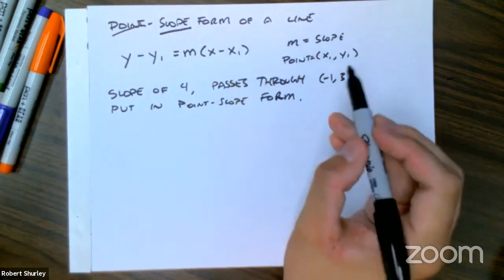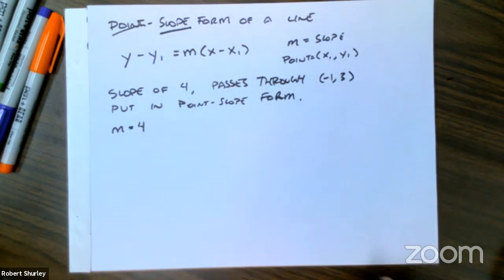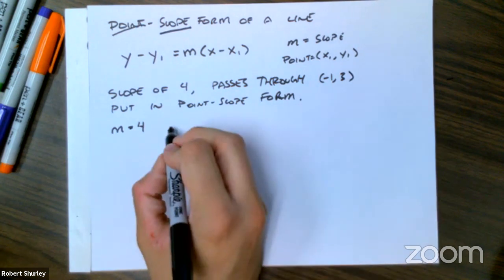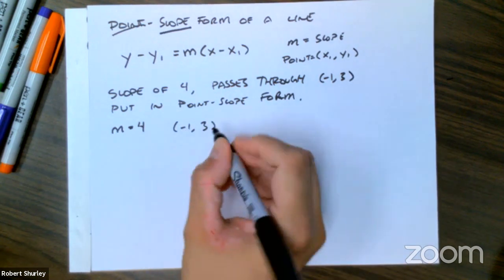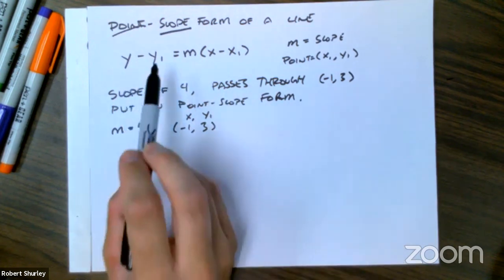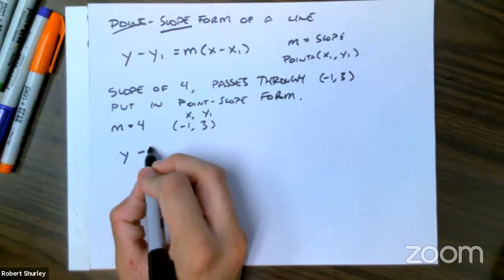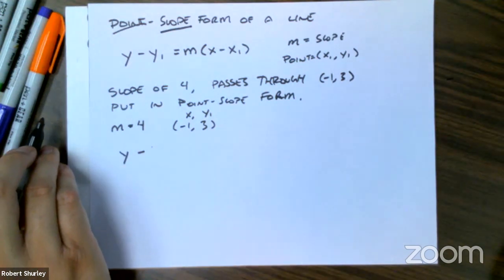So I'm going to pull out the two pertinent things I need to know. I need to know slope, which it tells us is 4, and I need to know x1, y1. So -1, 3. That's my x1, y1. So if I want to put it into this form, it's just y minus. Oh man, this would have been cool in multiple different colors.